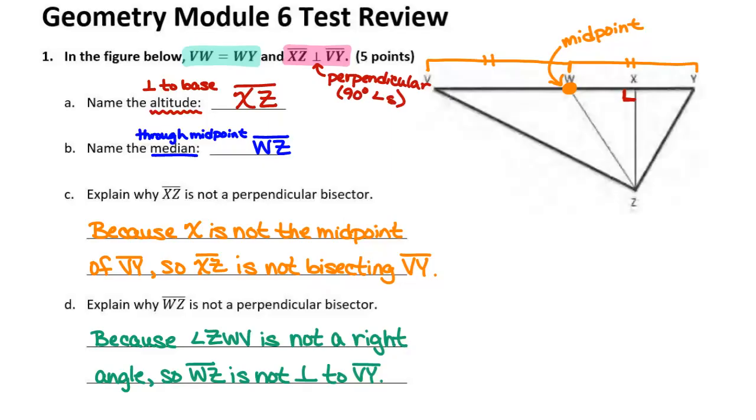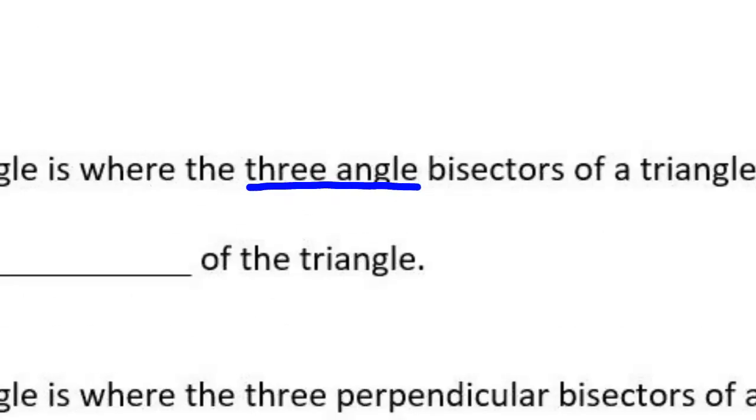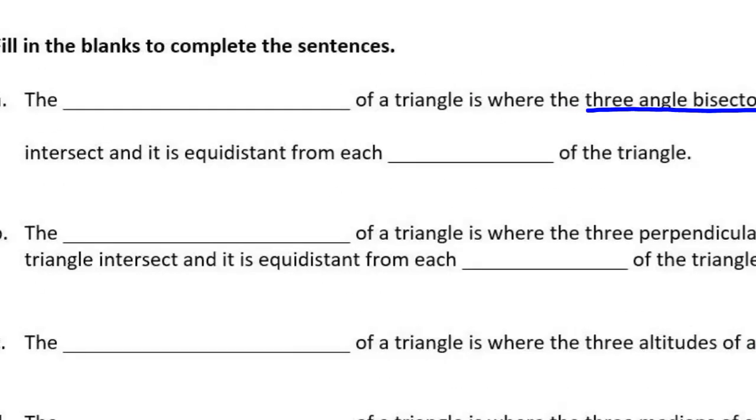All right, what else would you guys like to see? Number 4? Absolutely. Problem number 4. Fill in the blanks to complete the sentences. Oh, speaking of some of those vocabulary words that we were just talking about. The blank of a triangle is where the 3 angle bisectors of a triangle intersect, and it is equidistant from each blank.